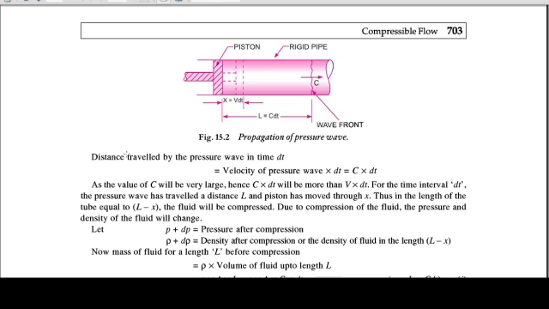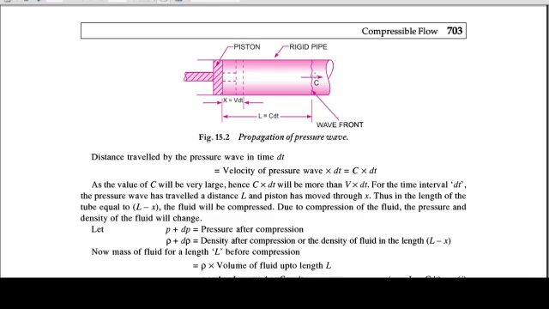Now we will calculate the distance traveled by the pressure wave in a time dt. During the movement of the piston, pressure waves are generated and travel a distance from here to here. So we have to calculate the distance traveled by the pressure wave in a time dt, which is equal to the velocity of the pressure wave into dt.